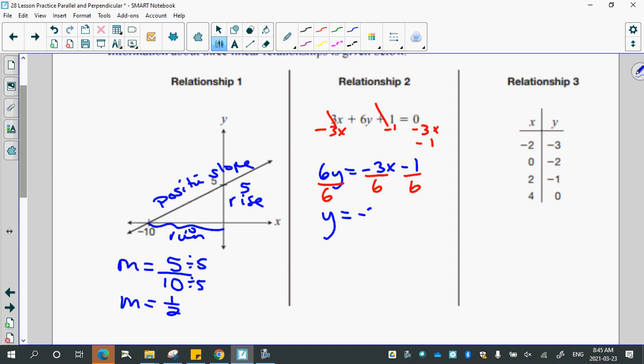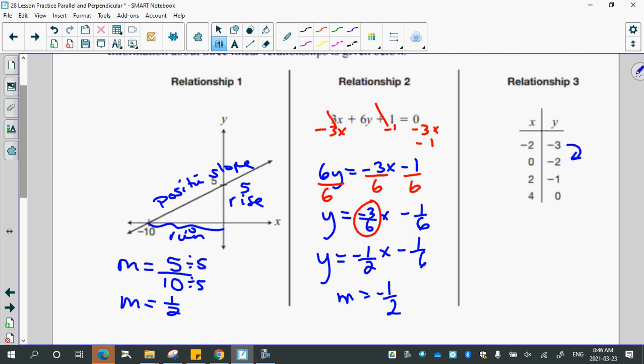Because here we've got negative 3/6 x minus 1/6. So our y-intercept would be pretty hard to plot, but this is what we're focused on, is our slope. Can that be reduced? Negative 3 over 6 can be reduced to negative 1/2. Good. So far, neither one's the same. We've got positive 1/2 and negative 1/2 for our slopes. Okay? So the third one's probably going to be the tiebreaker here.